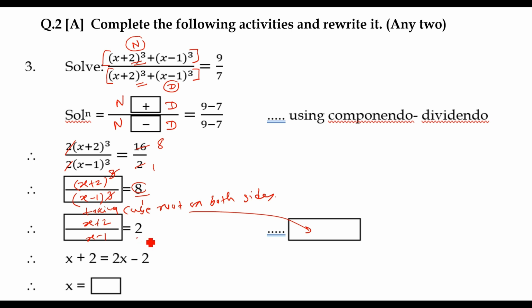If you get this term, then you do the cross multiplication: x plus 2 into 1, and 2 multiplied by (x minus 1), which is 2x minus 2. So the final expression is x minus 2x minus 2. This plus 2, if you transfer to the right side, then minus x is equal to minus 4. The minus minus will get cancelled, and you will get the final answer as x is equal to 4.